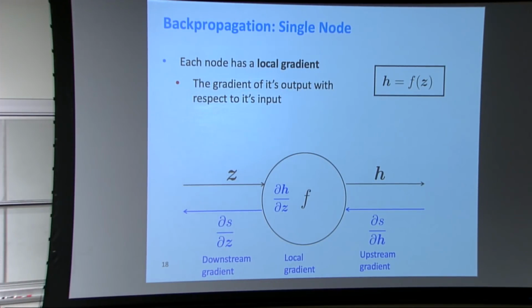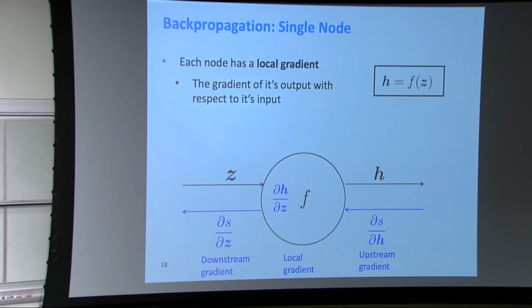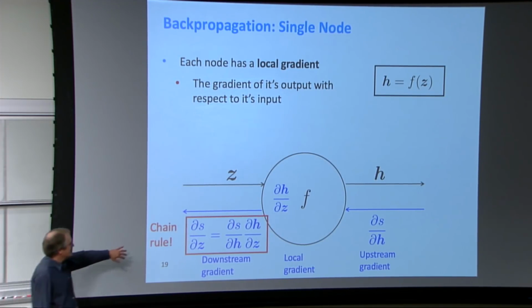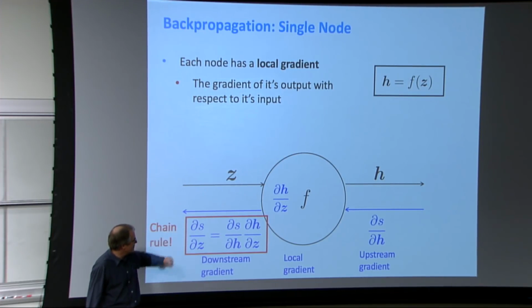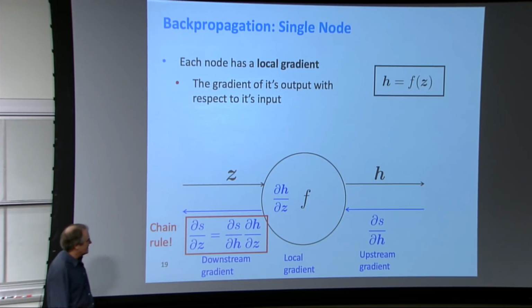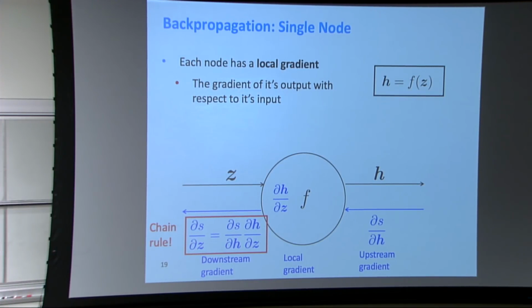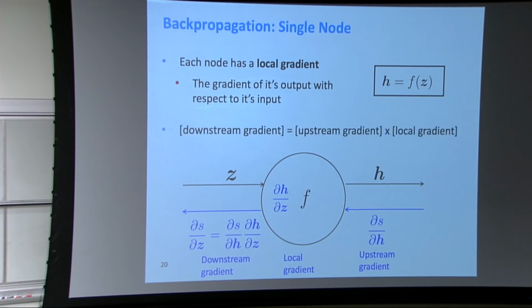And so then if we have both the upstream gradient and the local gradient, we can then work out the downstream gradient, because we know the partial of s by z is going to be ds dh times dh dz. And so then we'll be able to pass down the downstream gradient to the next node. Okay, so our basic rule, which is just the chain rule written in different terms, is downstream gradient equals upstream gradient times local gradient. Easy as that.